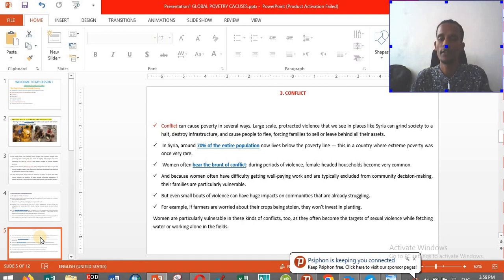In Syria, for example, around 70% of the entire population now lives below the poverty line. This is very bad news. You can imagine how difficult it is, even in terms of talking, in terms of teaching, how hard it is to hear this.